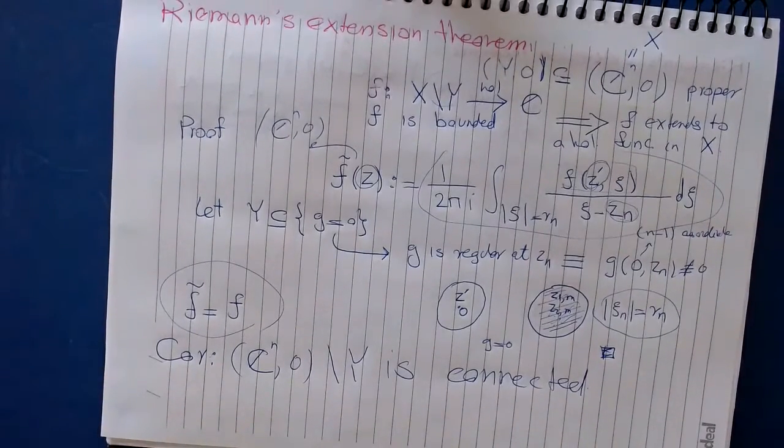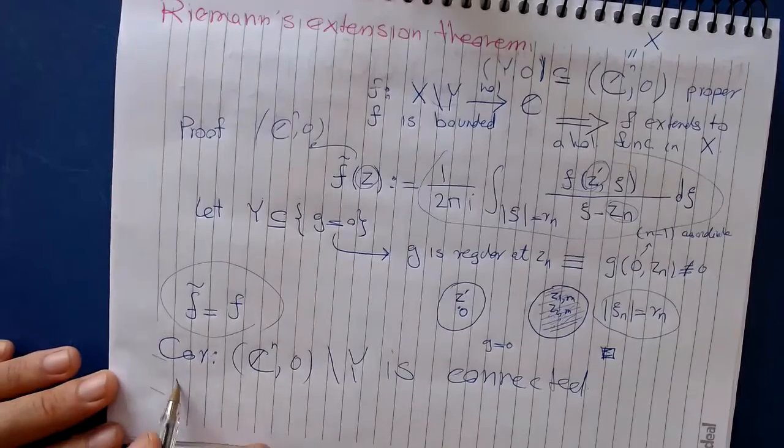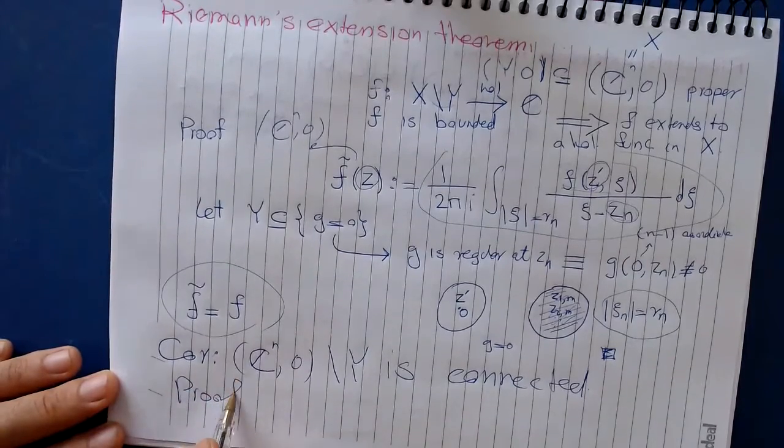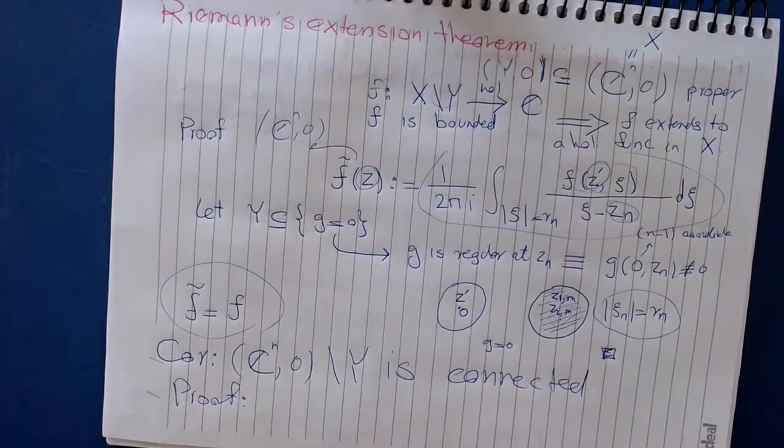This is somehow different from the real analysis case, because we know that, for example, a sphere in R3 divides R3 into two pieces. But in the complex world, just zeros of a function do not divide. The proof just follows from the previous theorem.